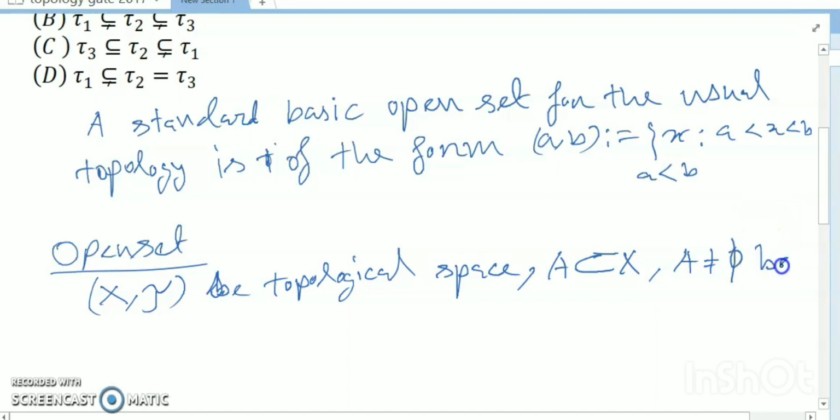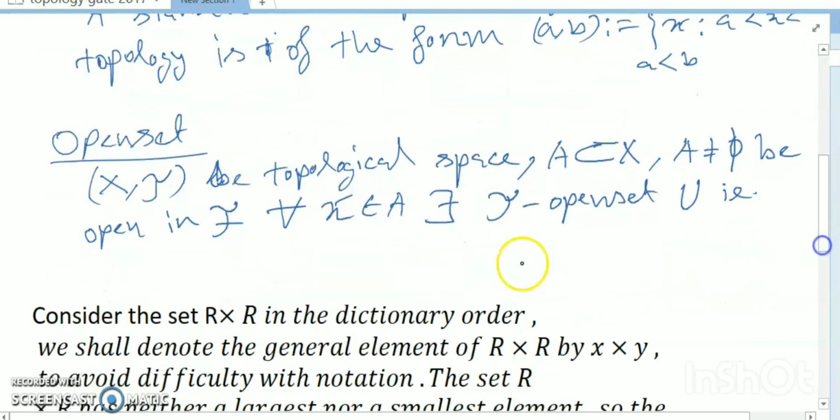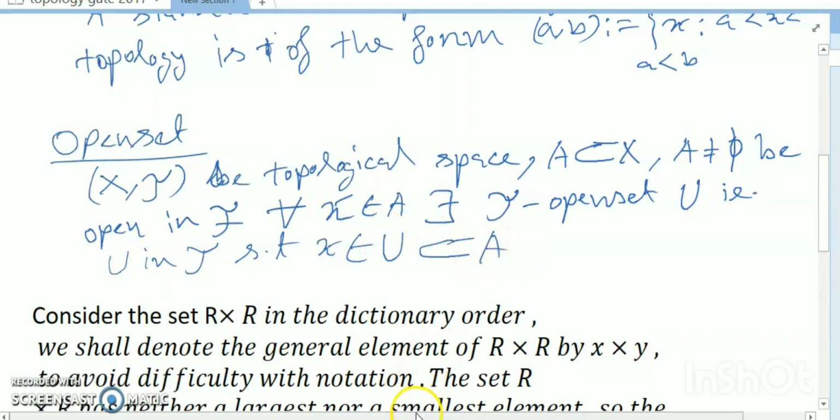A is open in tau if for all x belonging to A, there exists an open set U in tau such that x belongs to U subset of A. This is the open set.